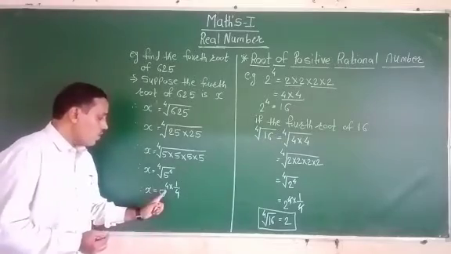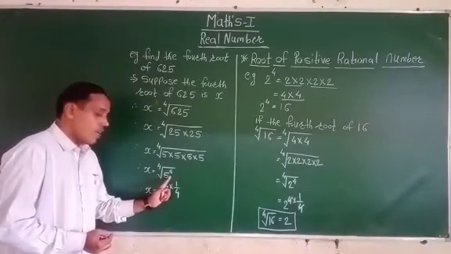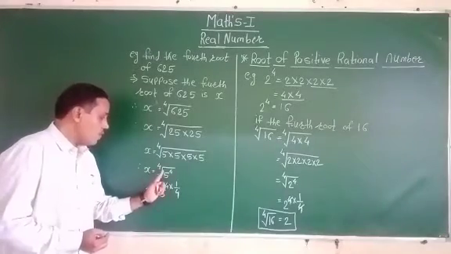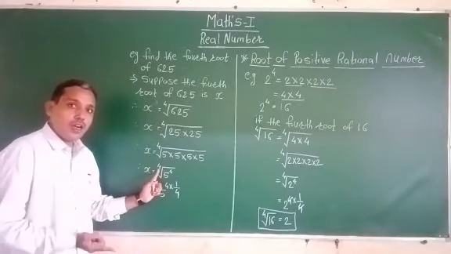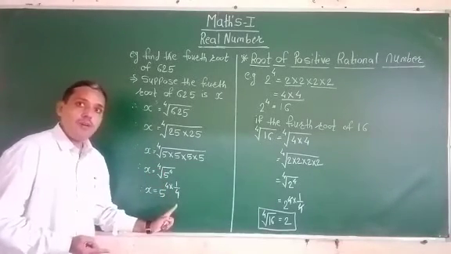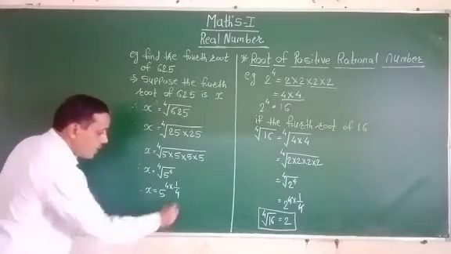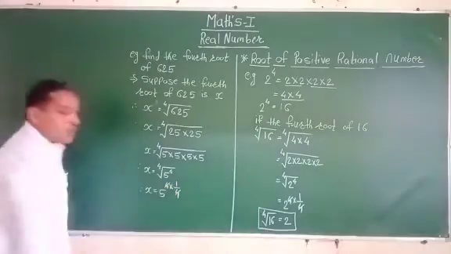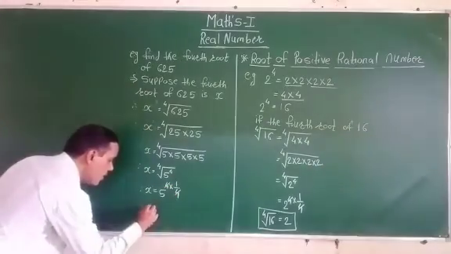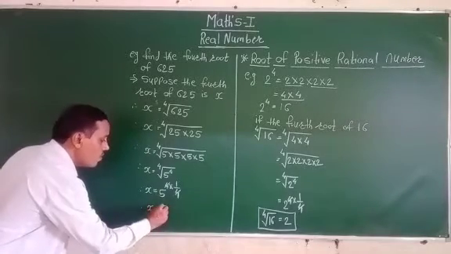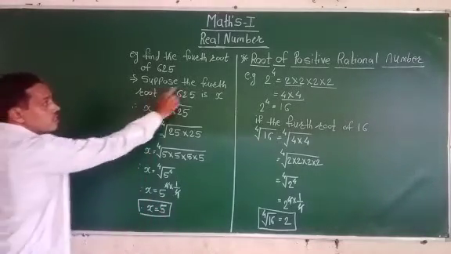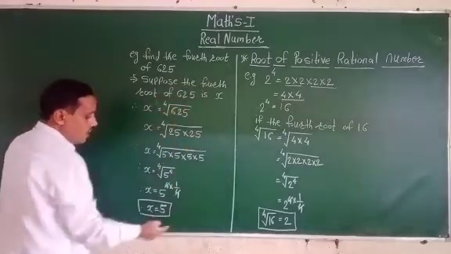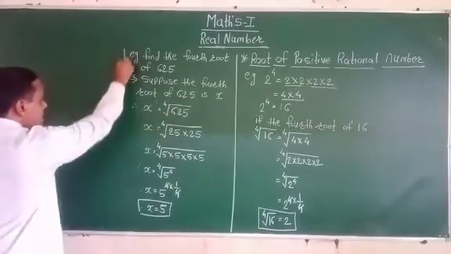So when we remove the radical sign, the 4 is converted into the index as a rational number. Then the 4 and the 4 cancel, and we get x is equal to 5. That means the fourth root of 625 is 5. We get the answer.